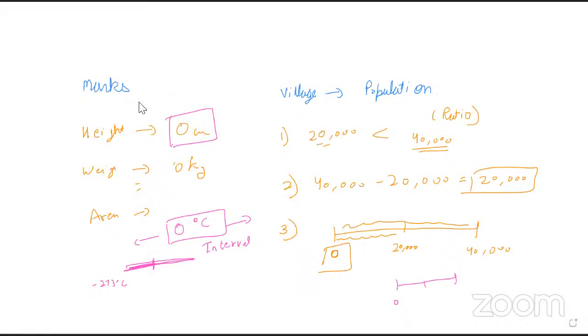Okay, sir. Thank you. Sir, I have a doubt. You said that if a population is 0, then there is an absence of population, right? But if a person has 0 height or 0 weight, that case shouldn't exist, as a person cannot have an absence of height or weight.